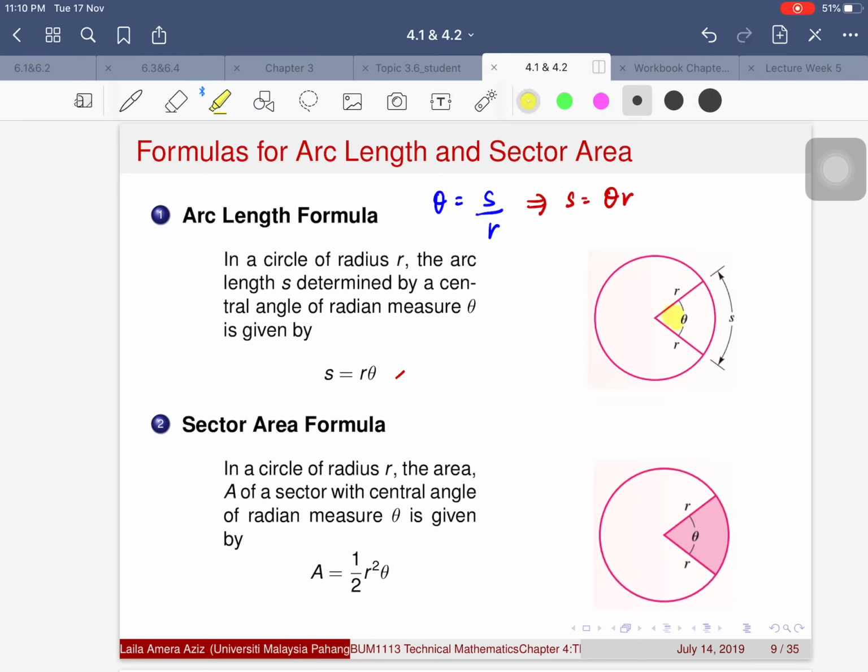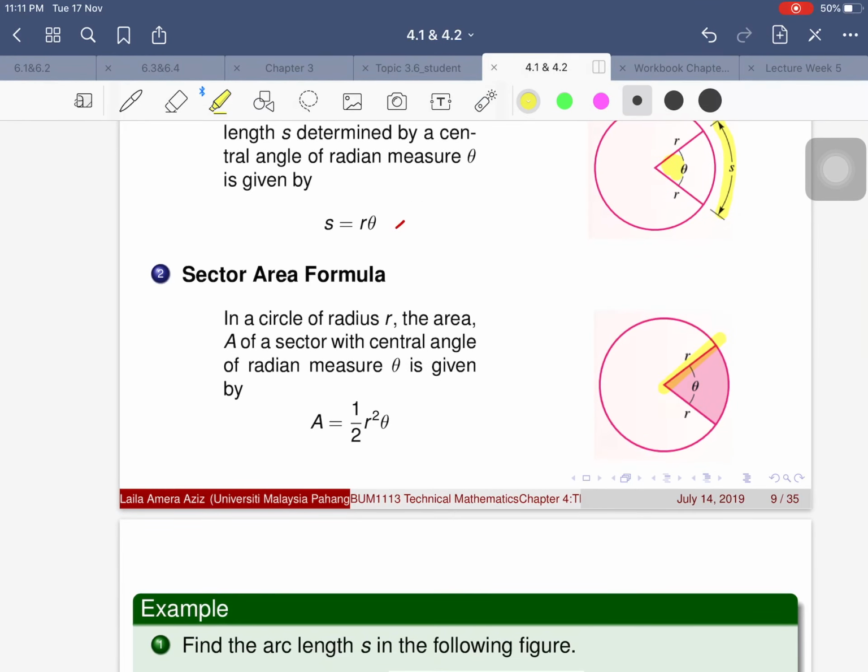And then another formula that you're going to come across is the sector area formula. Instead of just finding the length of the arc, which is called the arc length, we can also find the area that is between the two lines.